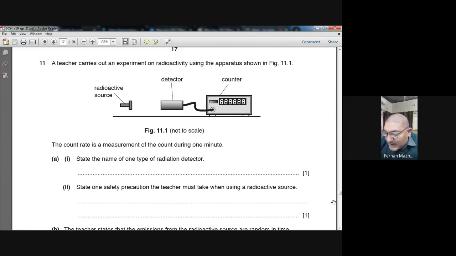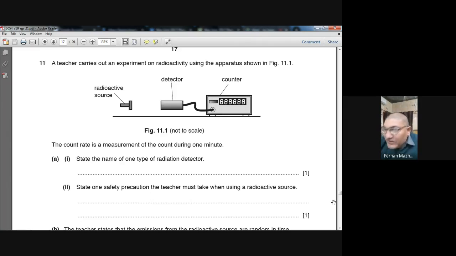Last time we were able to complete the summer 2019 paper 21, and we were working on its section B only, and we were able to do questions 9 and 10. The 11th question was left, and today we are working on that question.